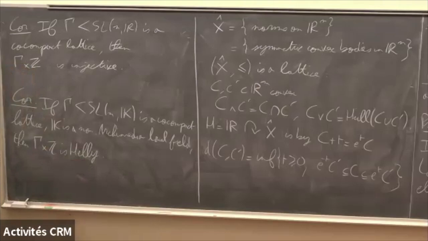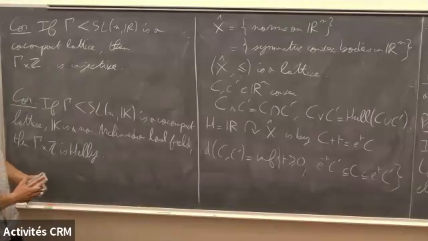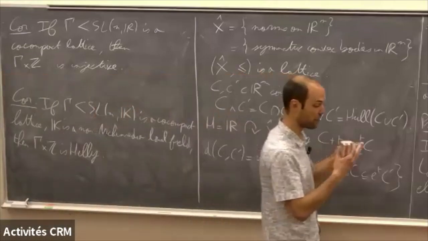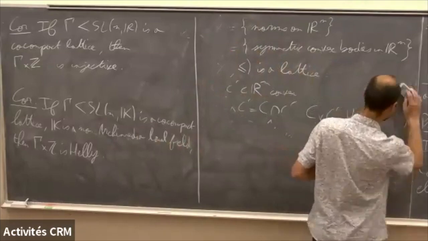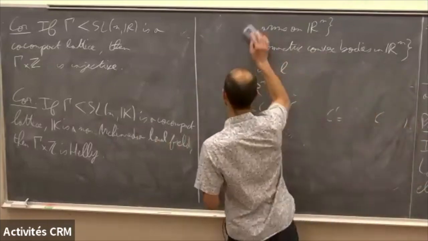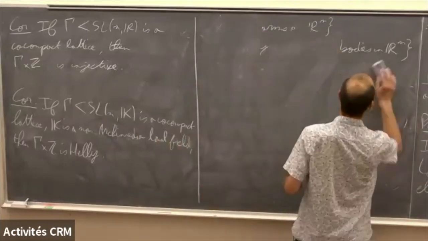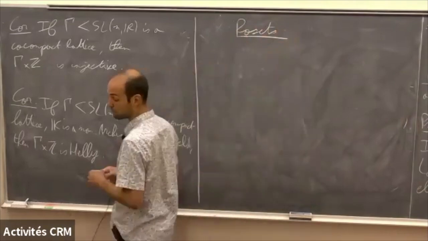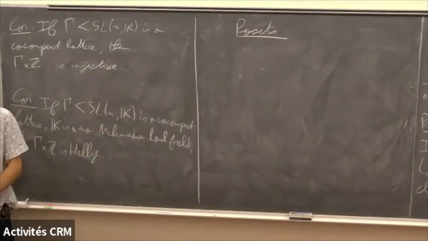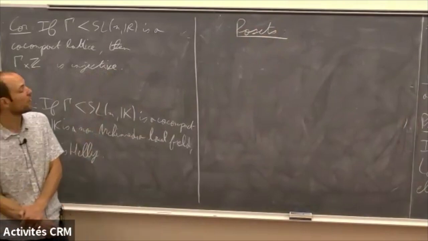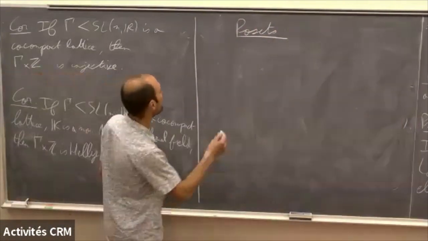Now I will give you another application of the result of passing from a lattice to an injective metric space or to a graph, which is through looking at geometric realizations of posets. Just before stating the result, I will have two or three definitions.